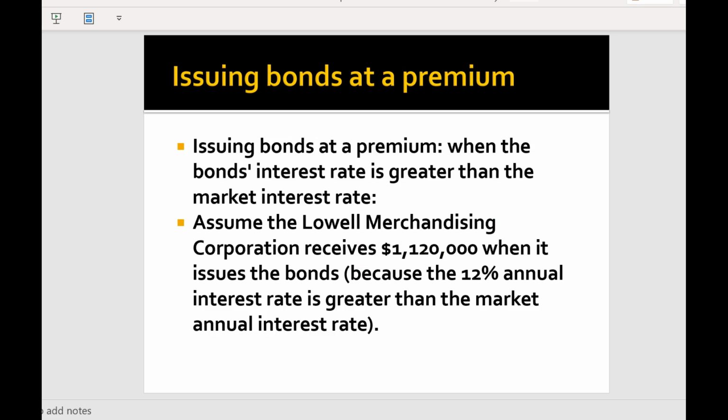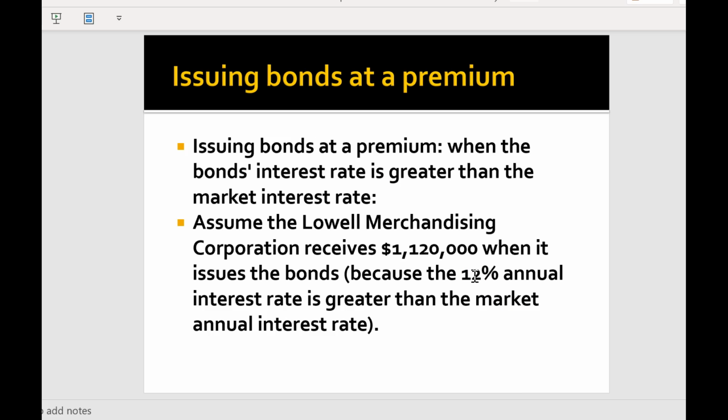But sometimes we can issue bonds at a premium, which means we are issuing the bond and receiving more cash than the principal indicates. Why is that the case? That is the case when the bond's interest rate is greater than the market interest rate. For example, we are paying 12% annual interest rate while the bank is paying 10% annual interest rate.